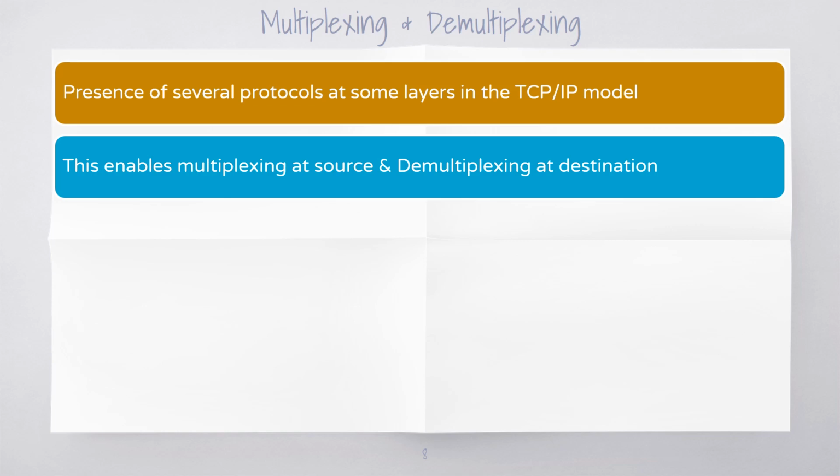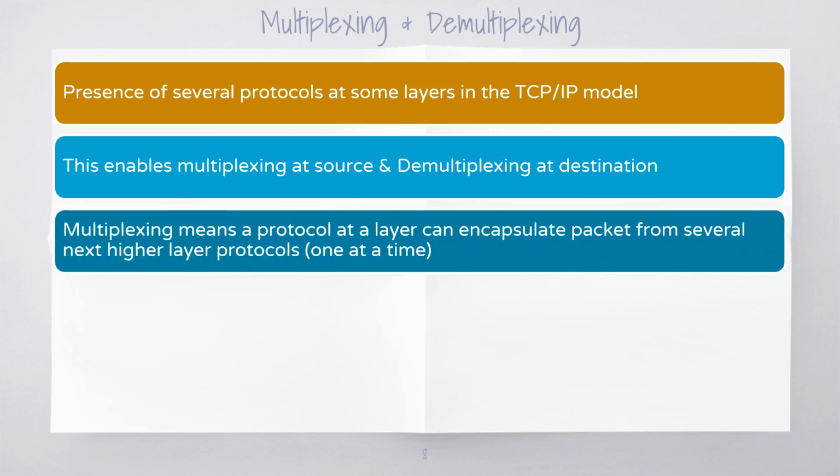That is why multiplexing is used. Once a protocol has been selected at a specific layer, it can encapsulate the traffic from the next higher layer one at a time. And demultiplexing means that a protocol can decapsulate and deliver the packet to the next higher layer protocol one at a time, based on the multiplexing that was performed.